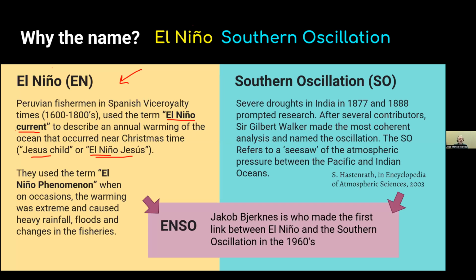The fishermen already knew from ancient times, before they had this name, that occasionally in some years this warm current was extreme. The ocean really warmed up and they got pouring rains, and the fisheries changed. They got a lot of scallops and shrimp, which they usually didn't get as much.